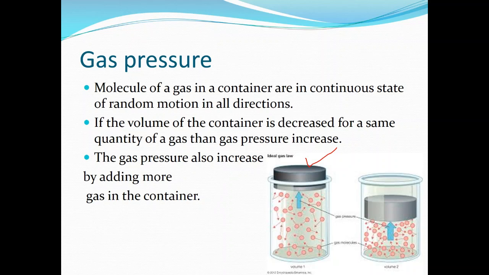So now we reduce the volume of the container. It means that gas pressure will increase. So if we have to increase the pressure, we decrease the volume of the container. So in that smaller area, the pressure will be increased.